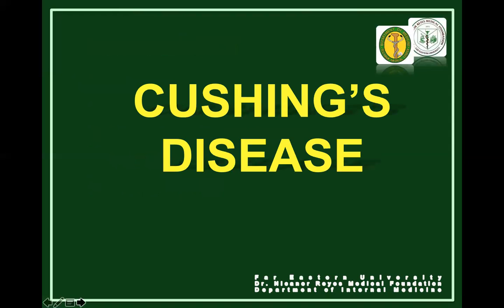Now, we'll go now to the last hypersecretion, which is Cushing's disease. Some of the things here might be discussed in overlap with your cortisol excess in your adrenal, but Cushing's disease is mainly a pituitary, okay, entity.